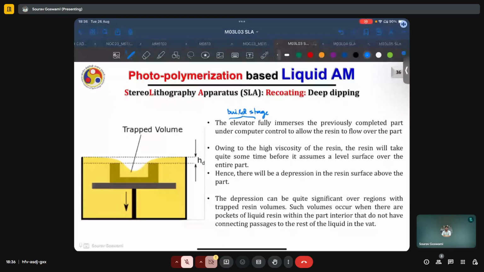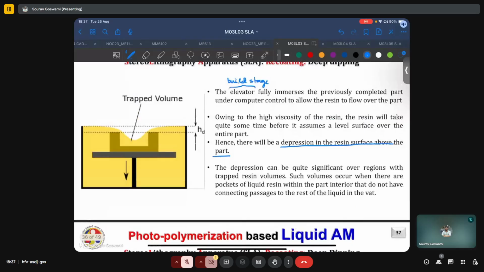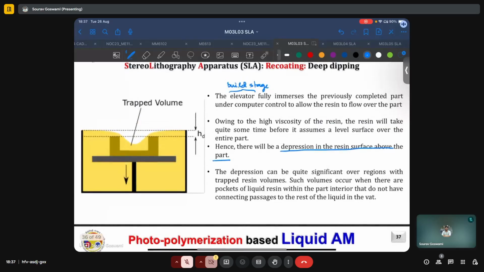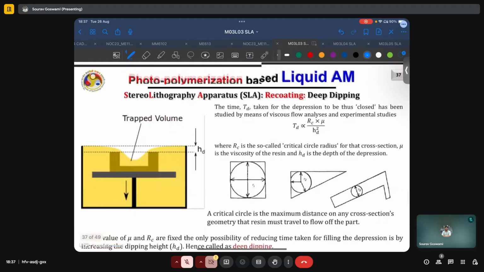This leads to the formation of a depression in the resin surface above the part, especially in regions where there may be any cavities. And the depression can be quite significant over regions with trapped resin volumes, as I just said. Such volumes occur when there are pockets of liquid resin within the part interior that do not have a connecting passage to the rest of the liquid in the vat.